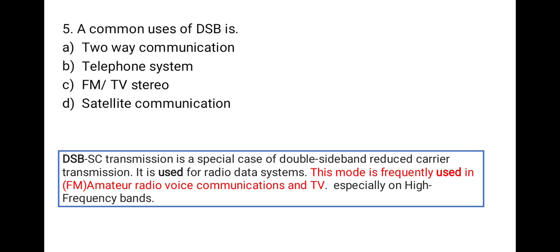It is used for radio data system. This mode is frequently used in FM, amateur radio voice communication, and TV, essentially on high frequency band. So the correct option is FM or TV stereo.